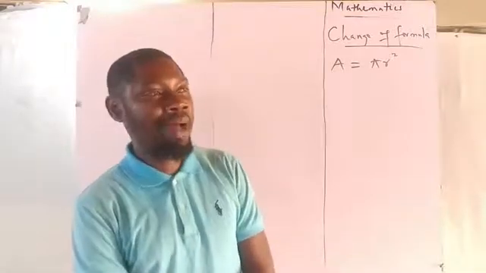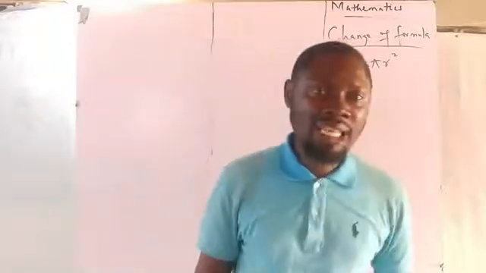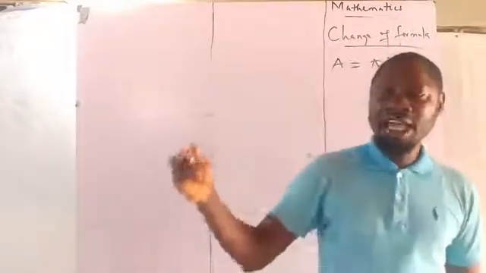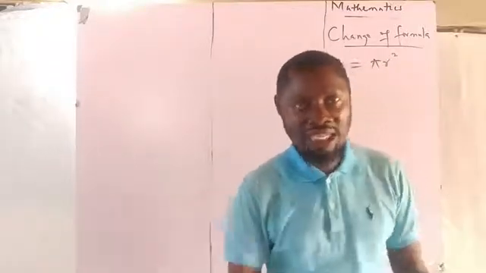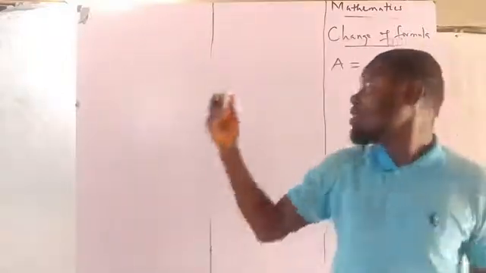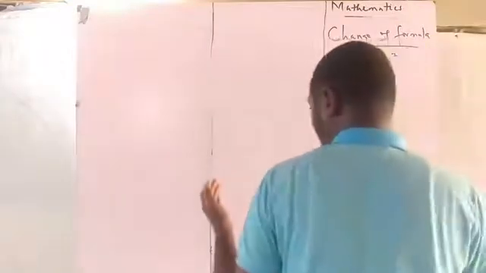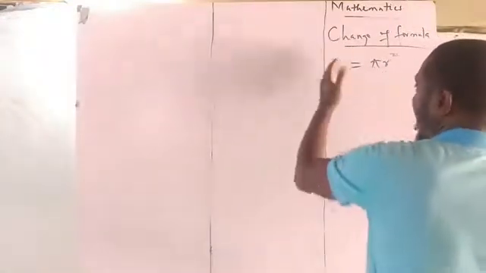If you're making a particular variable the subject of the formula, as I'm standing this way right now, that particular variable should always be at the right hand side. Look where you have the A standing. But if you're facing this way, the variable should always be at the left hand side.